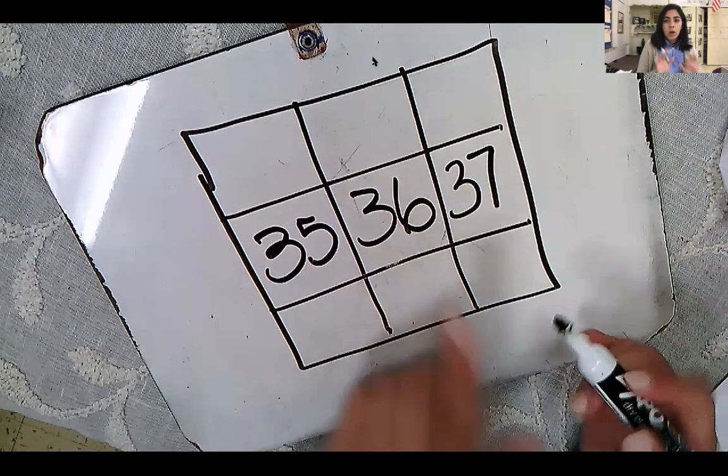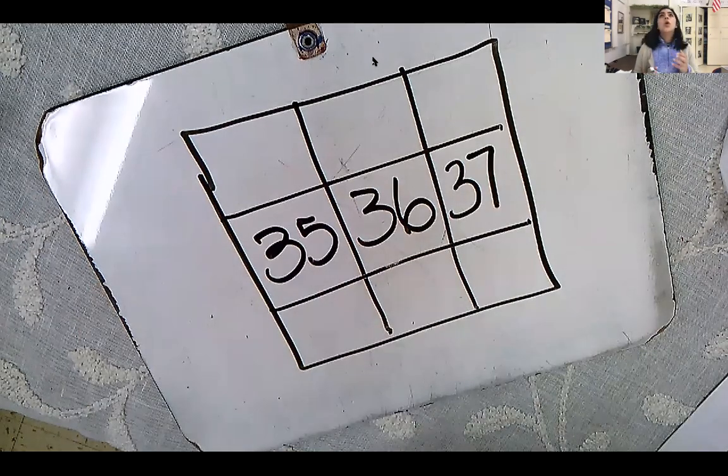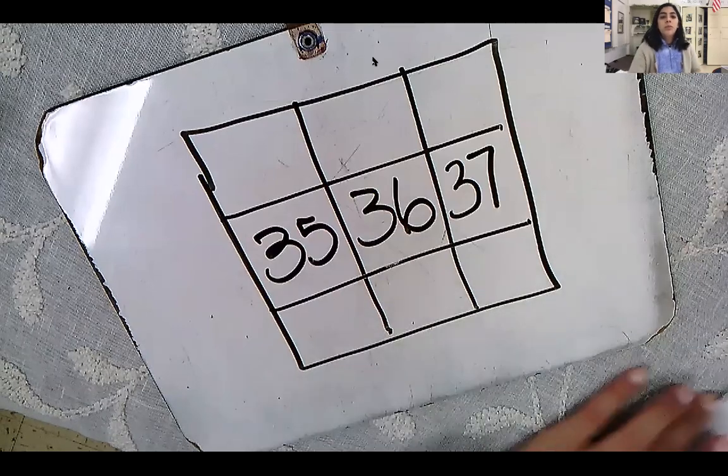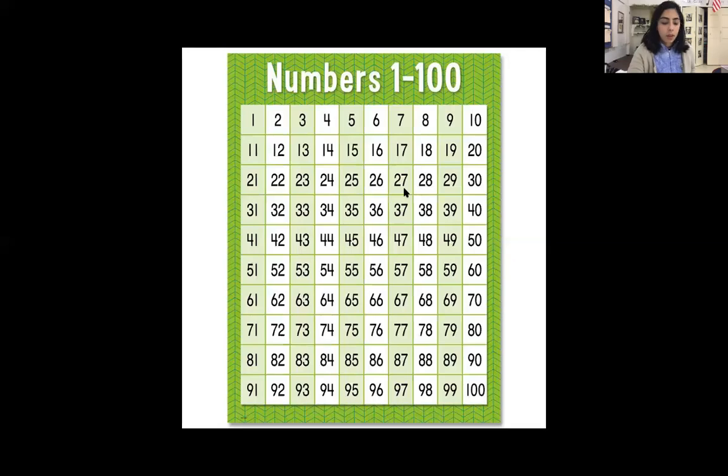So, okay, now that we did that, now we know how to count by 10, right? So, hold on, let's look at our 100 numbers chart. So maybe it'll be a little bit easier. Okay, 36 plus 10, which is just going down, is 46, right?